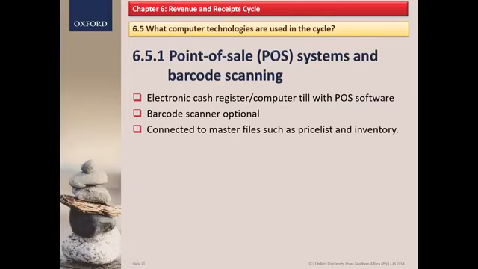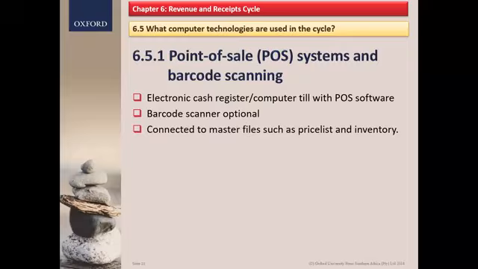Let us look at how to actually deal with issues of dishonesty. Most point of sale systems have what we call barcode scanning as a control. You've got your electronic cash register computer with POS software.